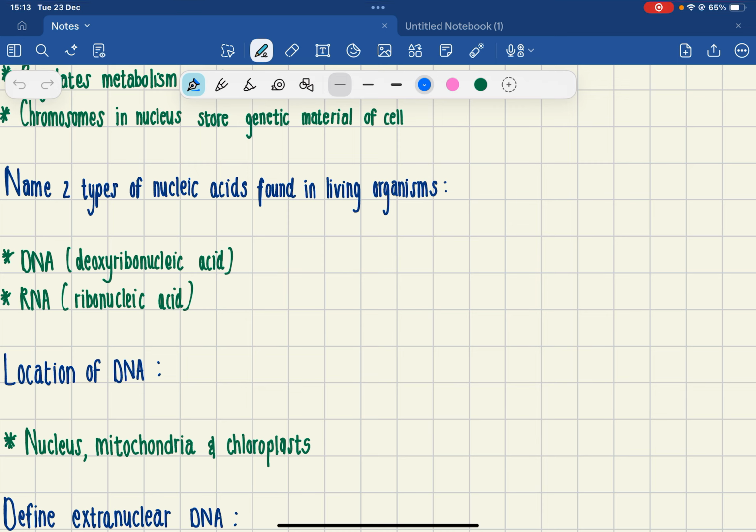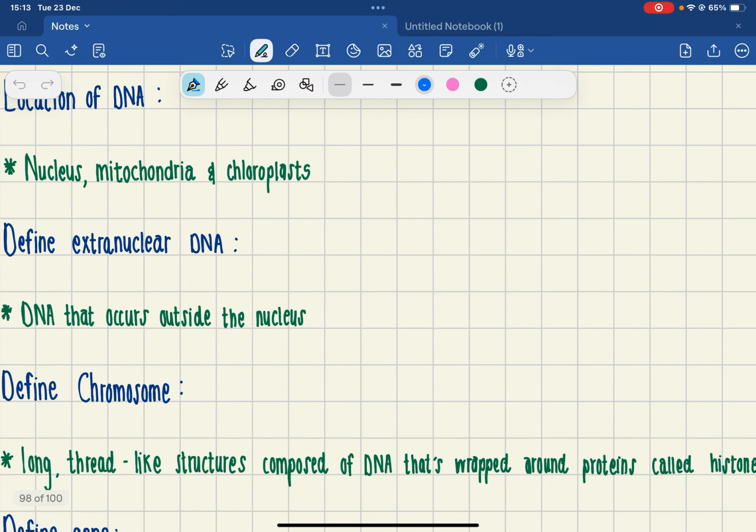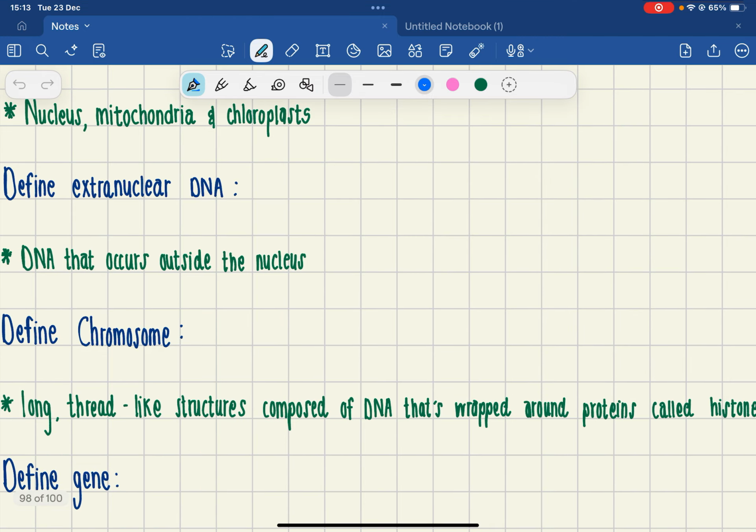So now, the location of DNA. DNA is found in the nucleus, in the mitochondria. And in plants, it is found in chloroplasts. Now, where's DNA found? The nucleus, mitochondria, and in plants, chloroplasts. Now we have what we call, boys and girls, extranuclear DNA.